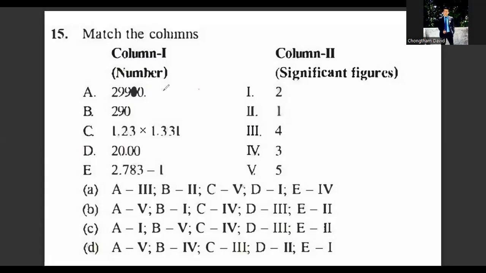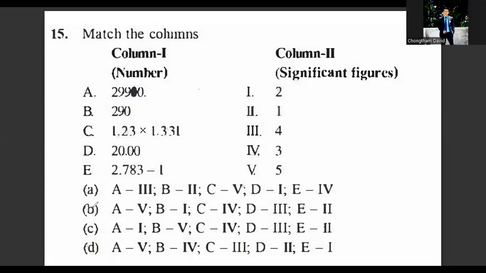And 1.23 into 1.331 equals 1.6371, but keeping in mind that 1.23 has only three significant figures, this result should also be reported in three significant figures only. Thus, this 1.6371 should be rounded off to 1.64, and the value of 1.783 is rounded off to 2. So it has only one significant figure.